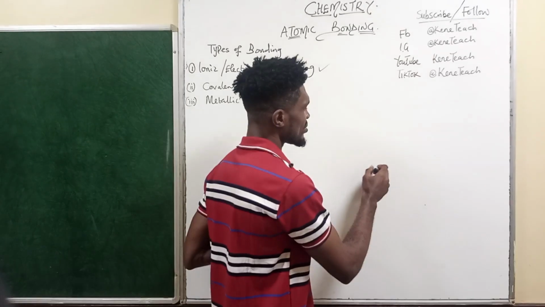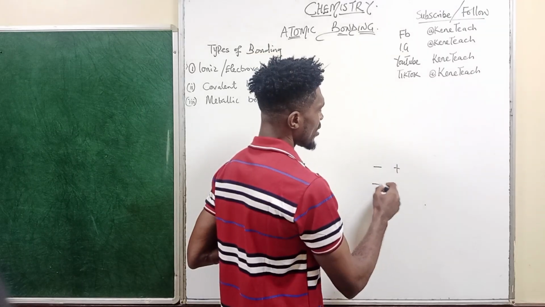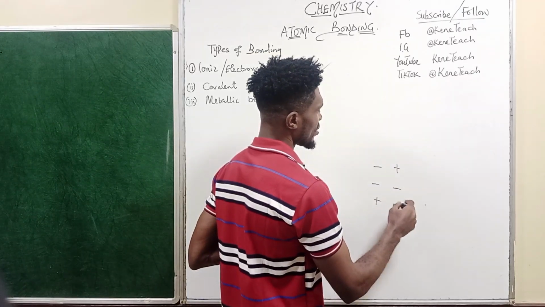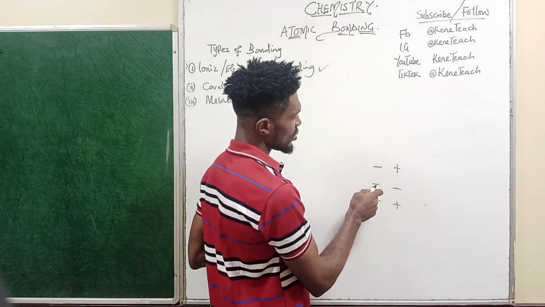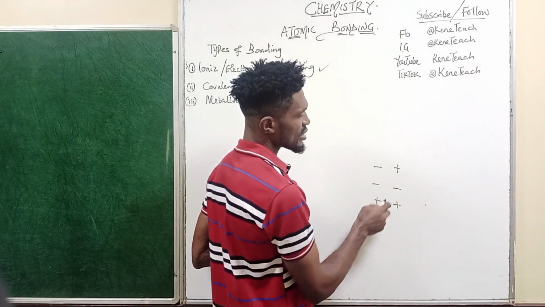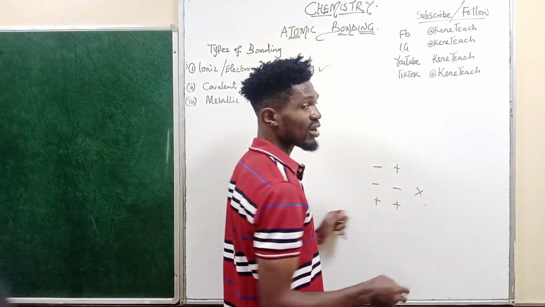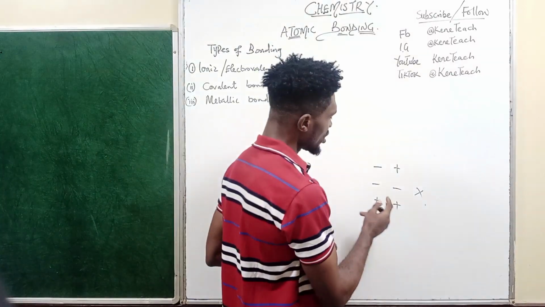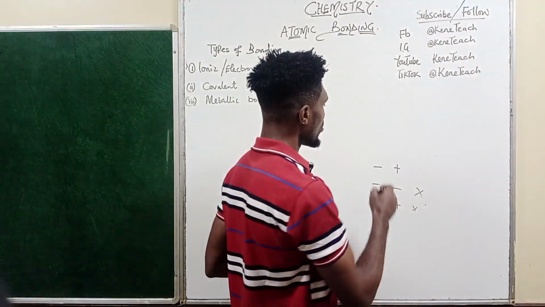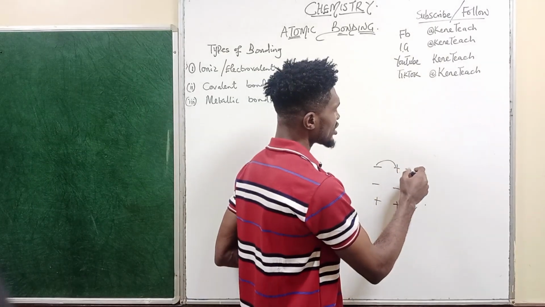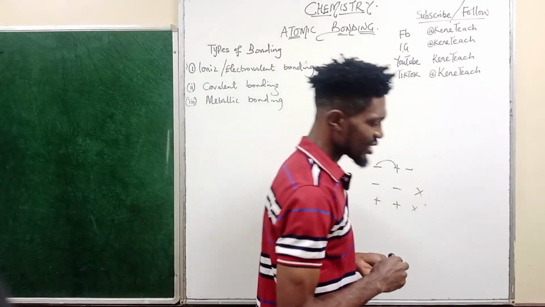What it means by that is that when we have two charges that are negative, they will usually do what? Repel. They will not bond. These two will also do what? Repel. Okay? But these ones do what? They attract each other because they are unlike charges.